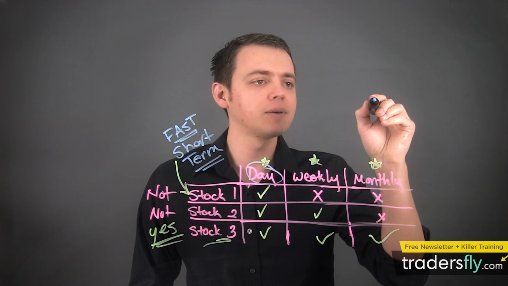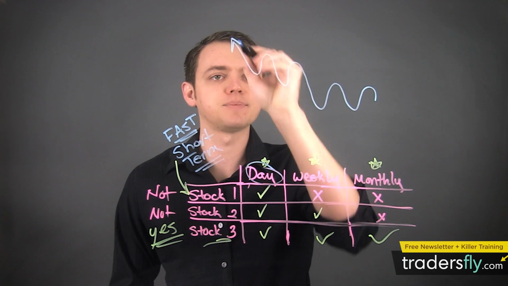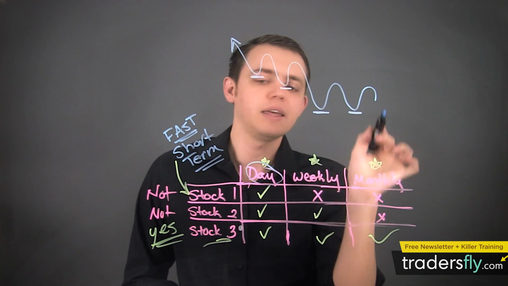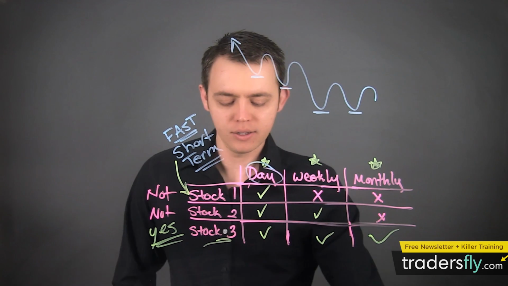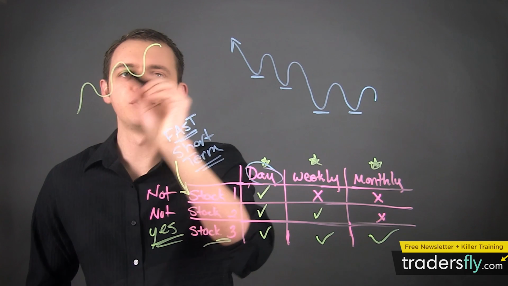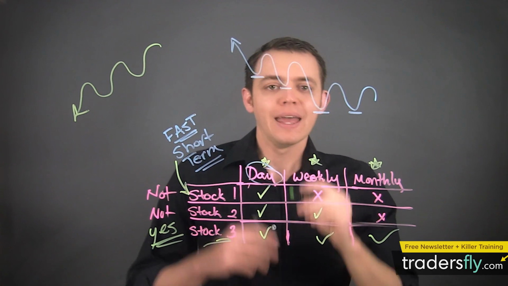So if our stock, for example's sake, is moving like this, okay, and this is our daily chart, but the overall weekly chart moves something like this, let's say to the downside.